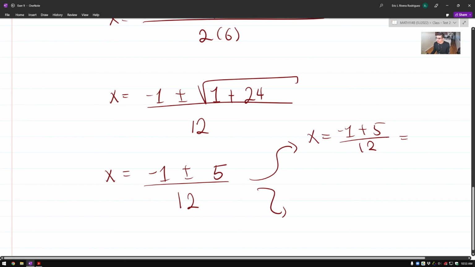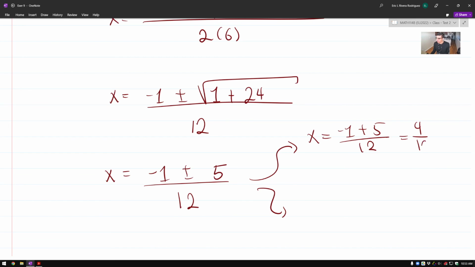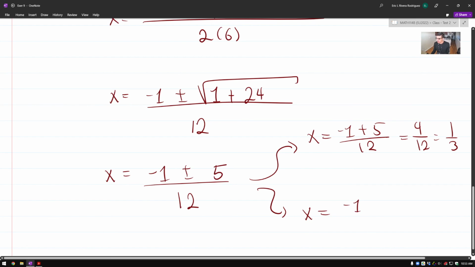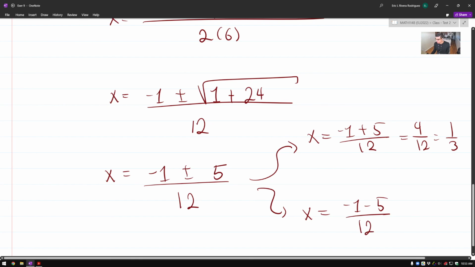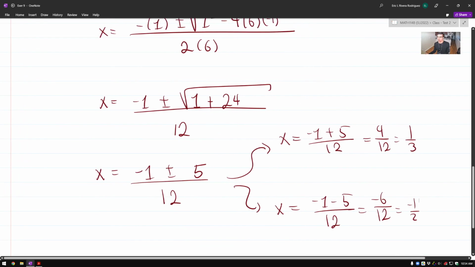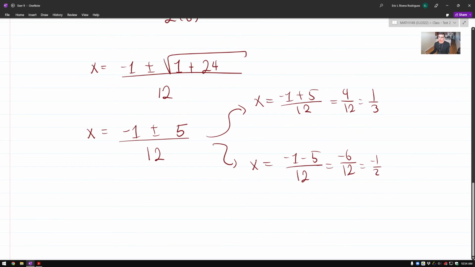From here, we get 2 values when we add and when we subtract. When we add, we get 4 over 12, which is positive 1/3. When we subtract, we get negative 6 over 12, which is negative 1/2. So those are the zeros. The zero that we got starting from negative 5, we took negative 5 from the original degree 3 polynomial.